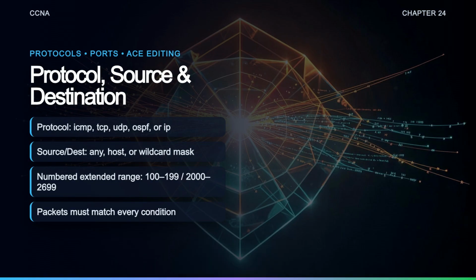Extended ACLs match on a variety of parameters: the protocol, TCP, UDP, ICMP, OSPF, source and destination IP addresses, and for TCP or UDP, port numbers. Configuration is similar to standard ACLs but with more keywords and arguments.